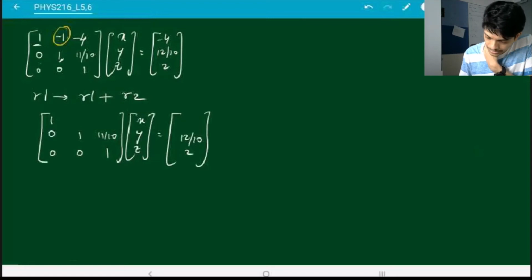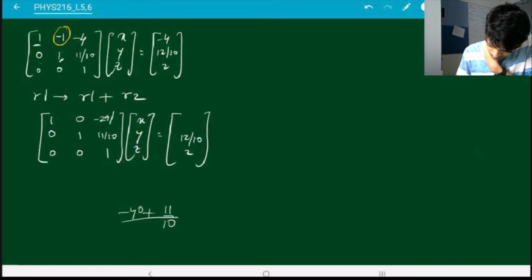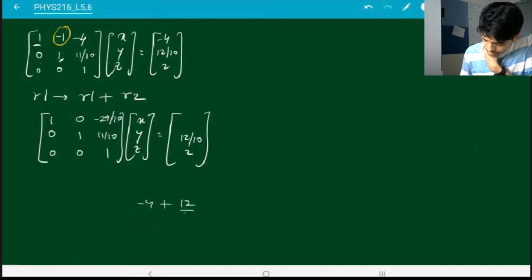Over here, when I add, I get 0. And what is minus 4 plus 11 tenths? It is minus 29 tenths. And over here I have minus 4 plus 12 tenths, so minus 28 tenths.